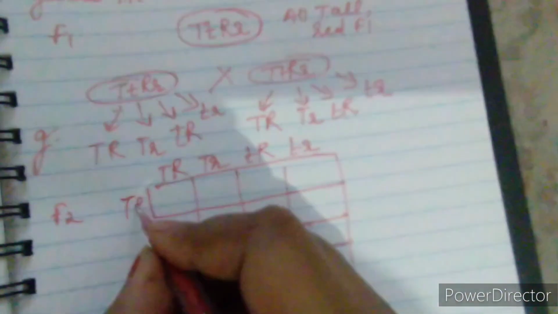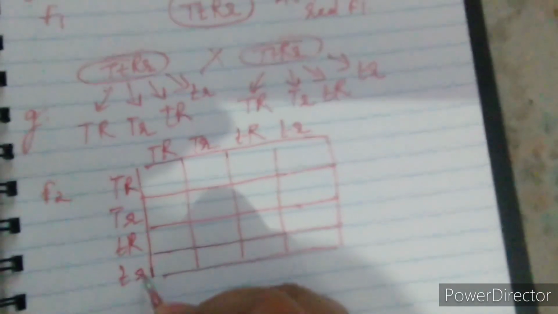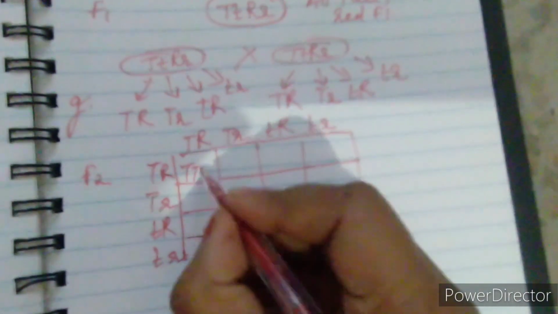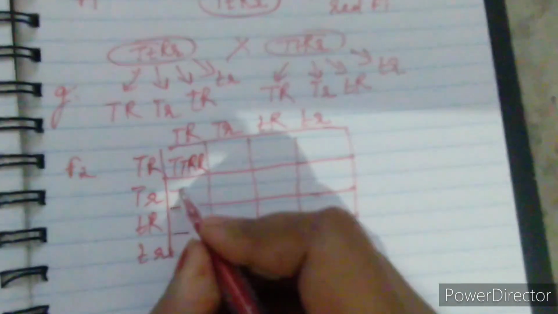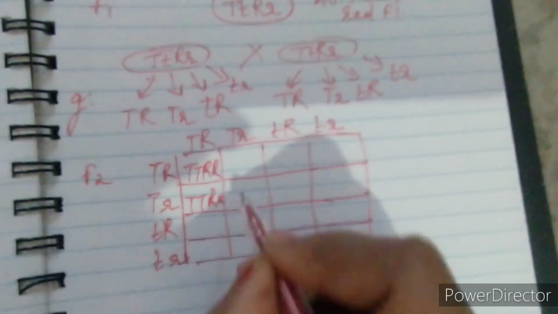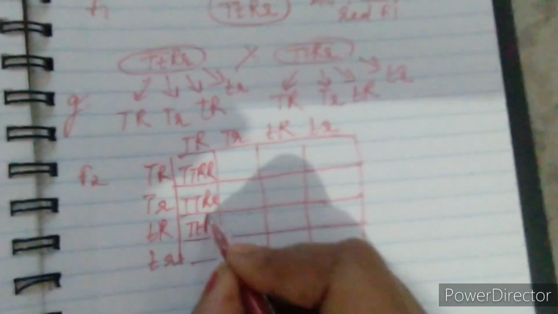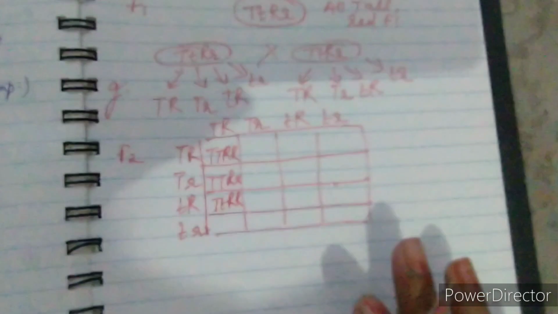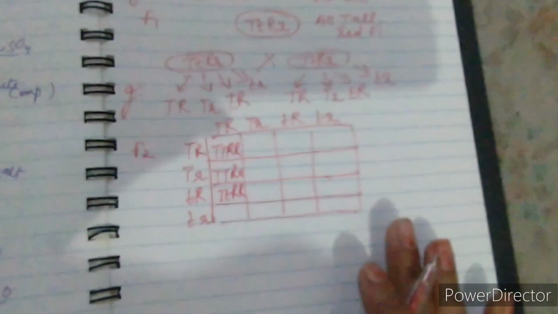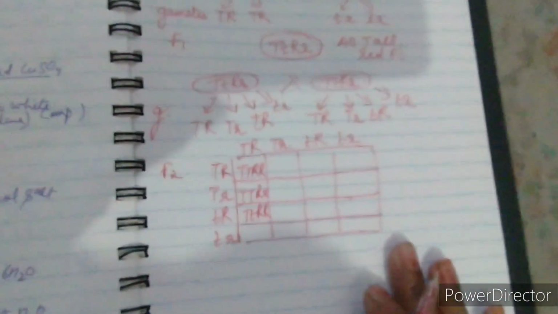Again here capital T capital R, capital T small r, small t capital R and small t small r. Now you have to fill all the boxes by multiplying like this: capital T capital T capital R capital R, capital T capital R small r, capital T small t capital R. Like this you have to fill all the boxes, and this will give you the F2 generation.